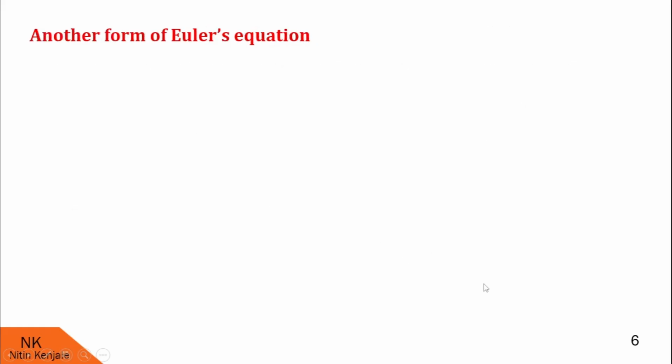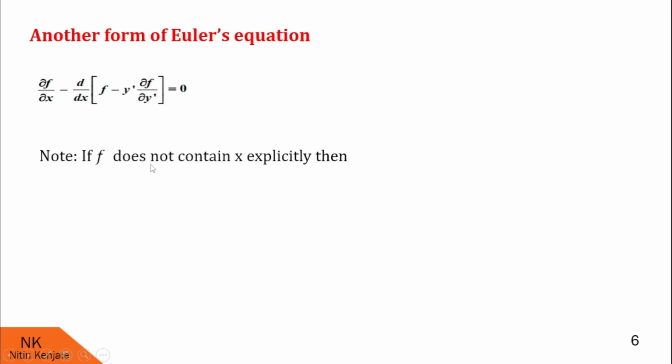There is another form of Euler's equation given by ∂f/∂x minus d/dx of [f minus y' into ∂f/∂y'] is equal to 0. Here also, if f does not contain x explicitly, then this term is going to be 0. Then we are left with d/dx of this is equal to 0. That means this quantity in the square bracket, that is f minus y' into ∂f/∂y', is going to be constant.